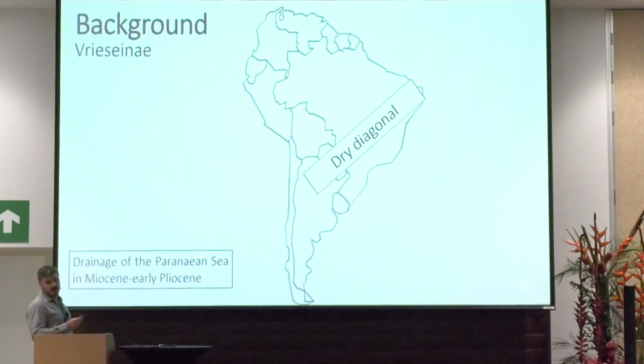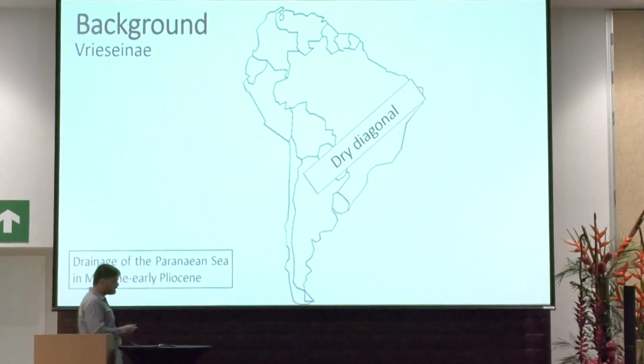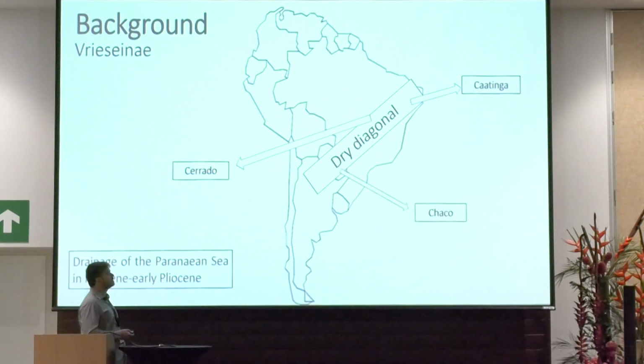But it was related with all of the marine transgressions that occurred in South America. The drainage of the Paranaense, at the end of the Pliocene, facilitated the formation of the dry diagonal of South America, which is composed nowadays of the domains called Caatinga, Cerrado, and Chaco.